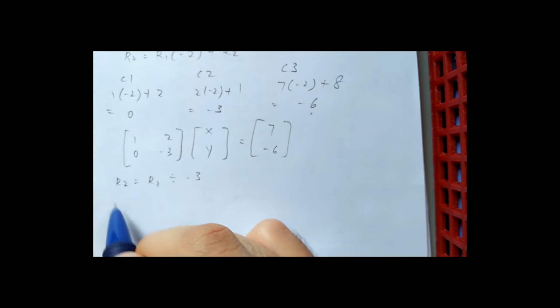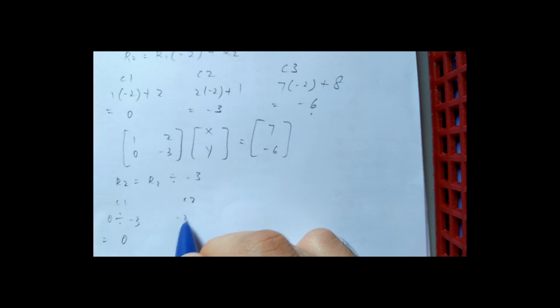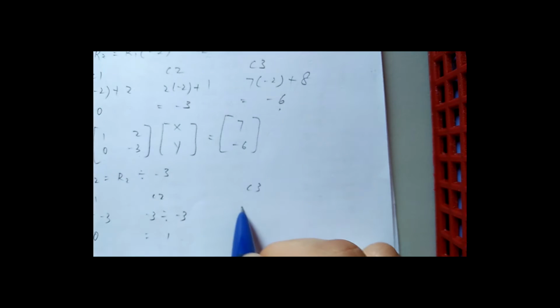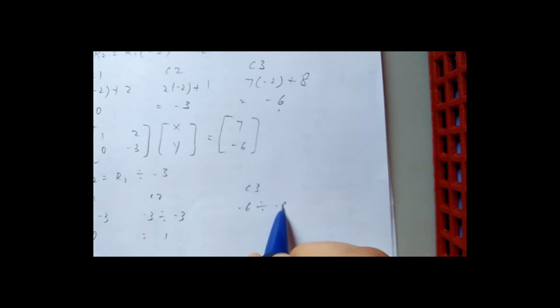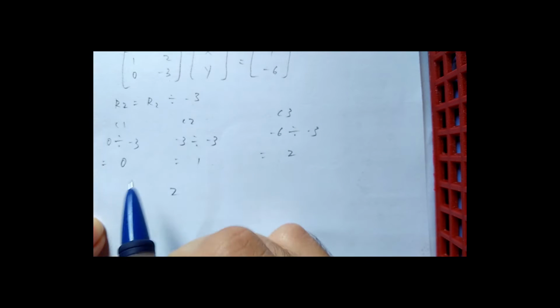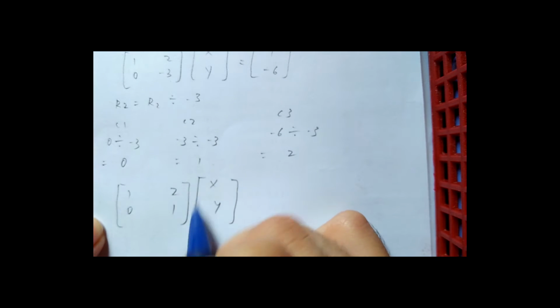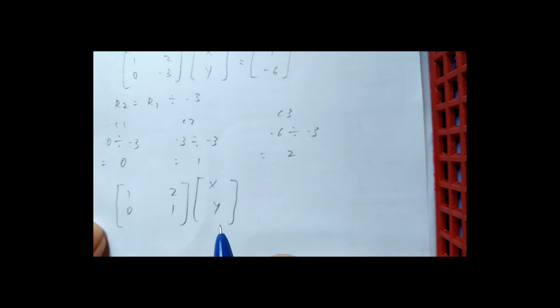Column 1: 0 divided by negative 3 is 0. Column 2: negative 3 divided by negative 3 is 1. Column 3: negative 6 divided by negative 3 is 2. Then we write our new answer: 1, 2, 0, 1, and then x and y, and then 7 and 2.